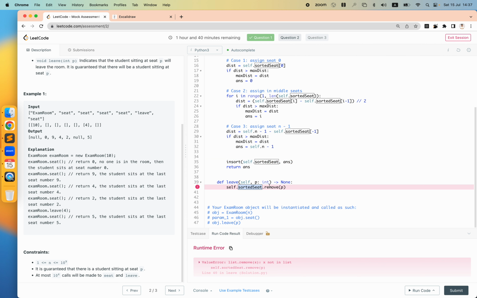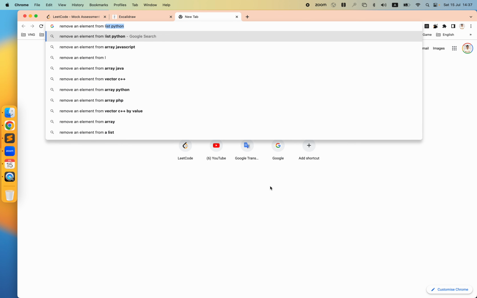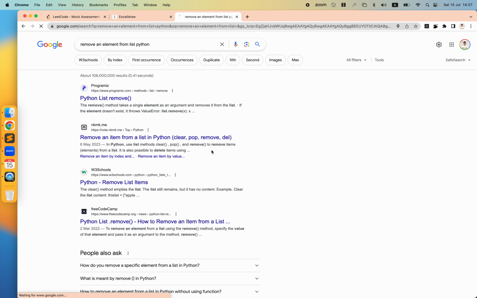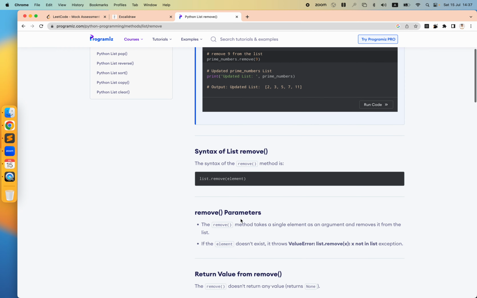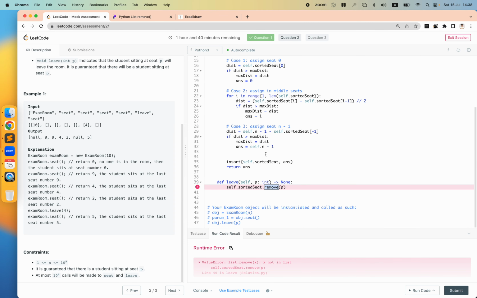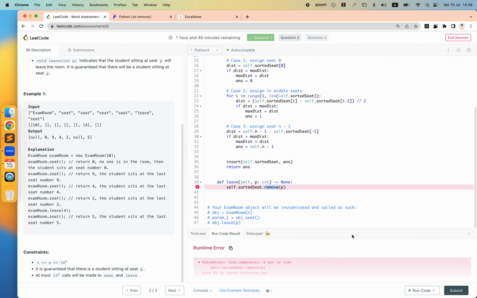Remove is just remove. Element, yes. Why doesn't it exist? What?